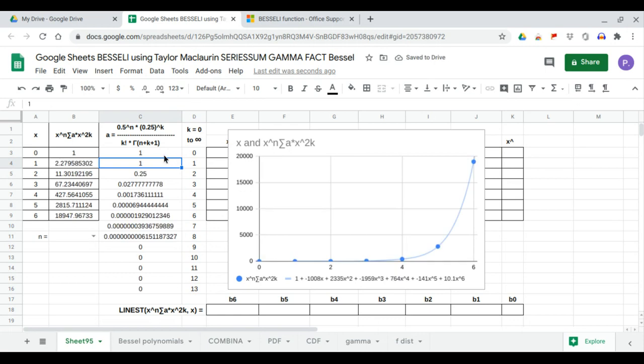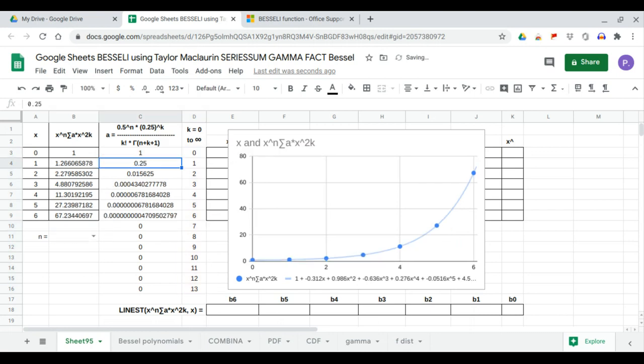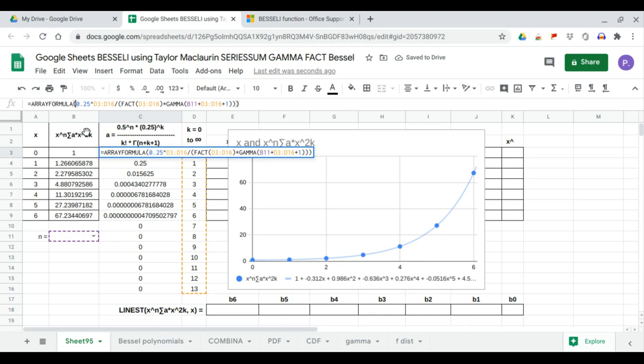So here we have completed the denominator part. Now we enter the numerator part, which is 0.25 to the power k. And finally 0.5 to the power n. That's multiplied.